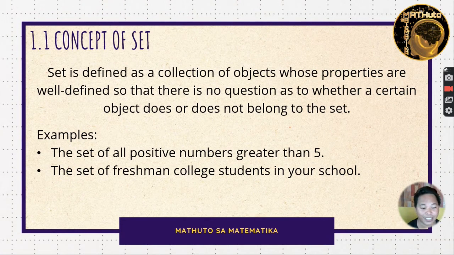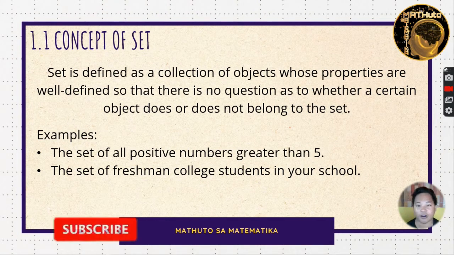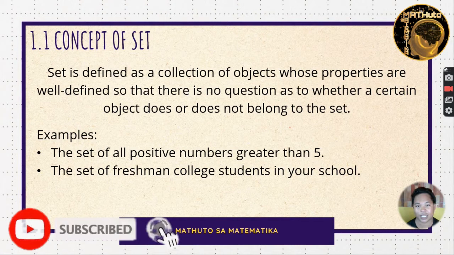Then, we have also the set of freshman college students in your school. So if we're going to determine the specific characteristics of college students, naka-specific po dito na freshman lang po yung mga students na belong dito sa set. Another example of a well-defined set is the set of algebra books in our library.